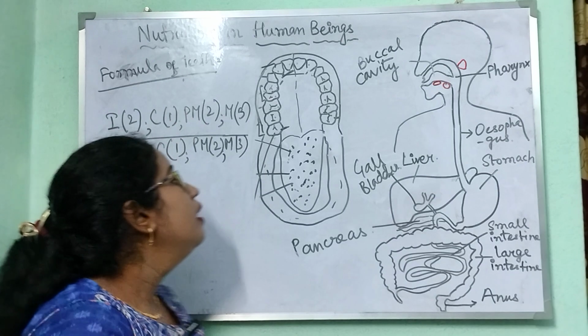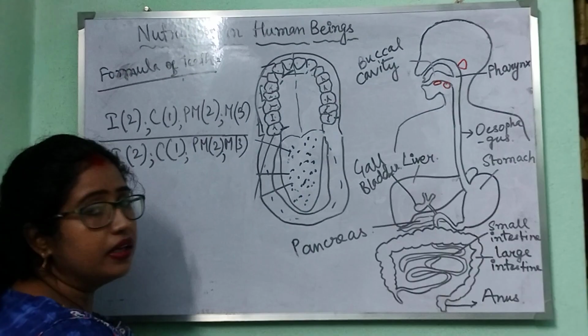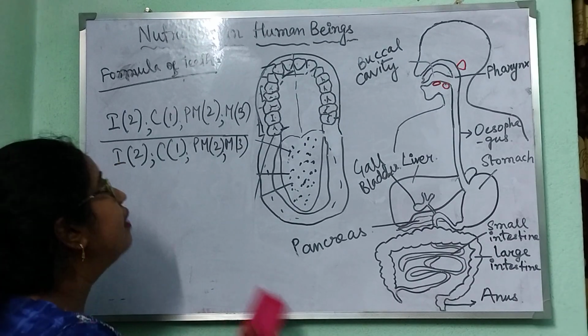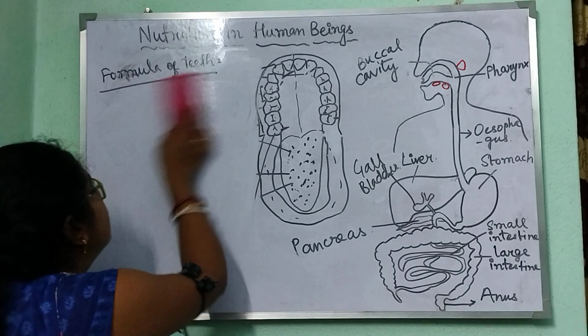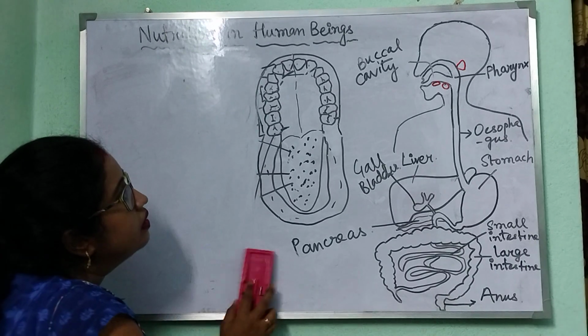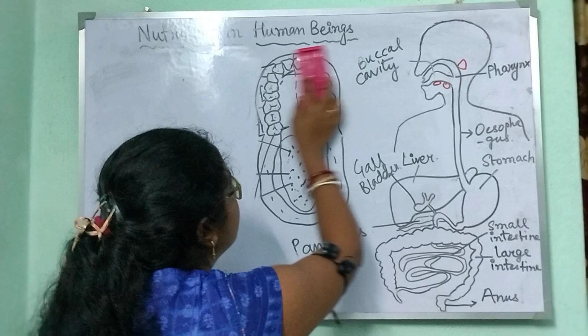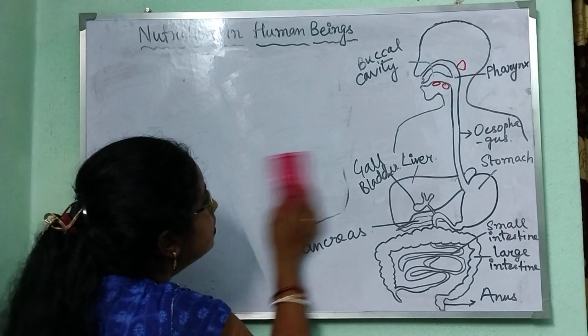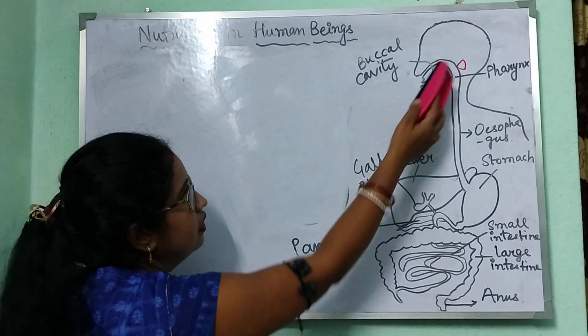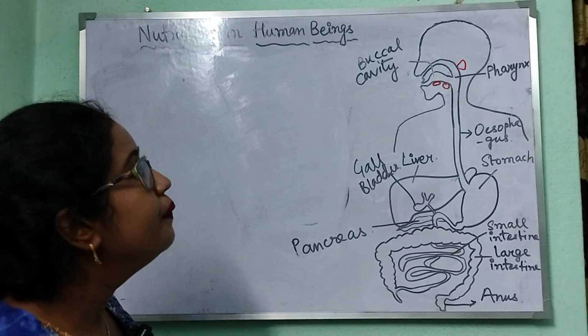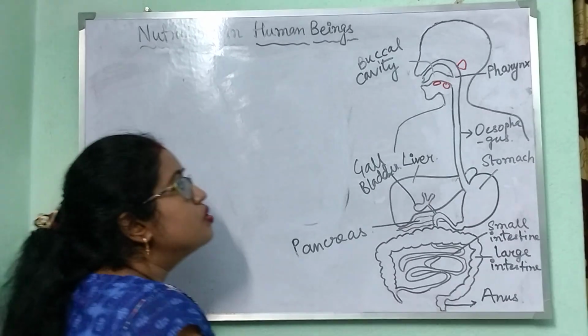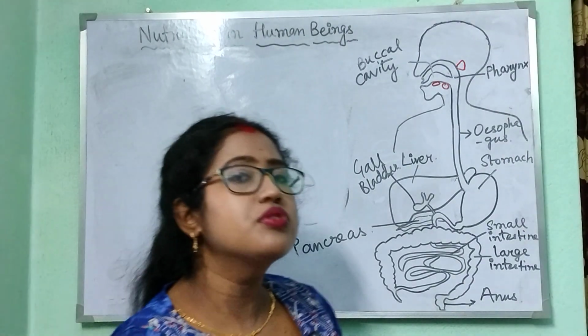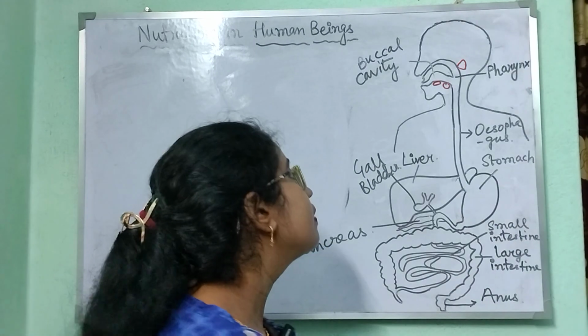Now let us discuss the last part of the buccal cavity, that is the salivary gland. I marked the salivary gland in red ink in this picture. So we have 3 types of salivary glands.